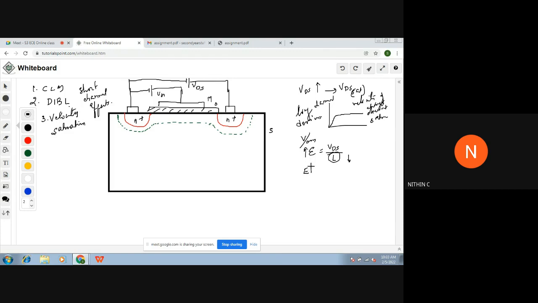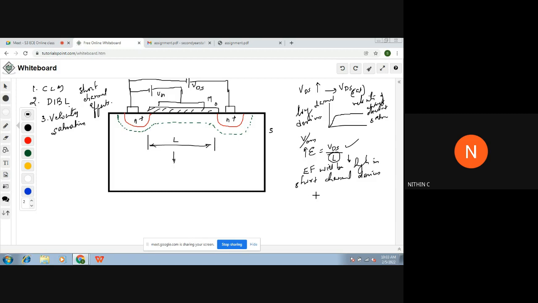Electric field will be high in short channel devices, which can be proved by this expression, VDS by L. L is very small in case of short channel. Short channel device means the length of the channel, that is the distance between source and drain region, will be less. So in that case, epsilon or electric field will be very high.